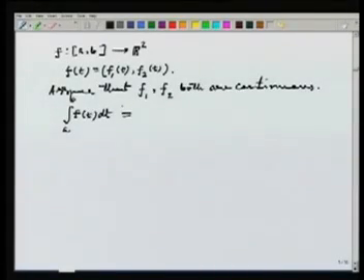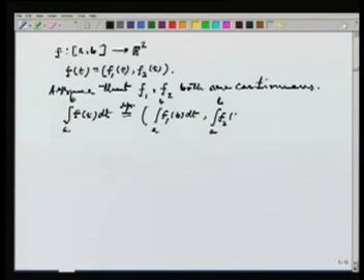Since f is vector valued, the integral of f should be a vector. Well, that vector we define by, so this is my definition, as this vector: integral a to b f1(t) dt, that is the x component. Second one is integral a to b f2(t) dt.